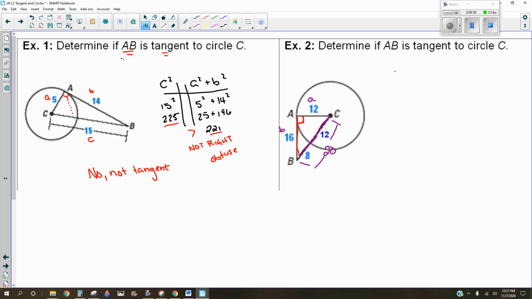So let's make my chart. C is 20, A is 12, and B is 16. This is 400, 144, and this is 256.